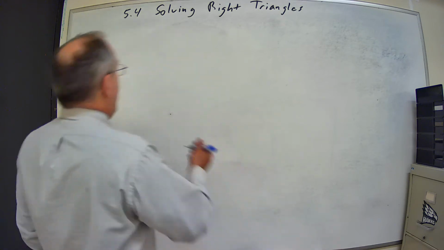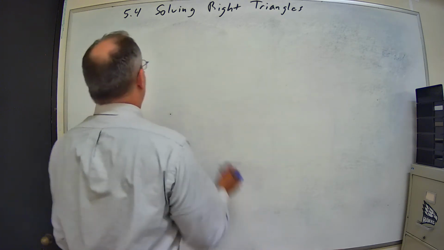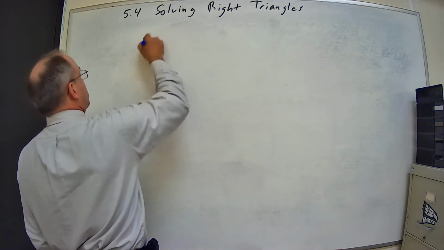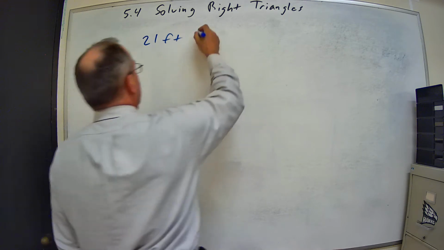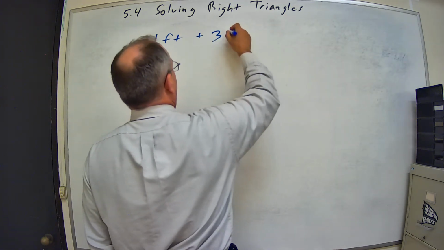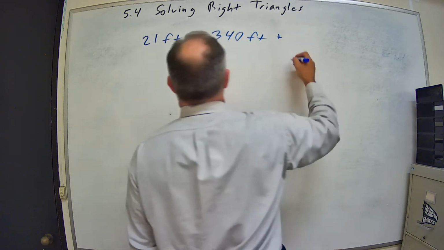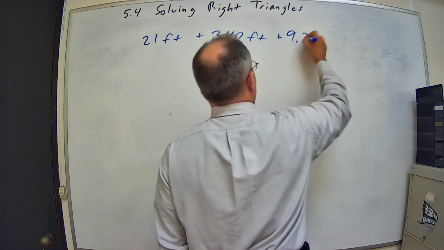Now let's say we have three measurements that we're adding together. So we have 21 feet plus 340 feet plus 9.2 feet.